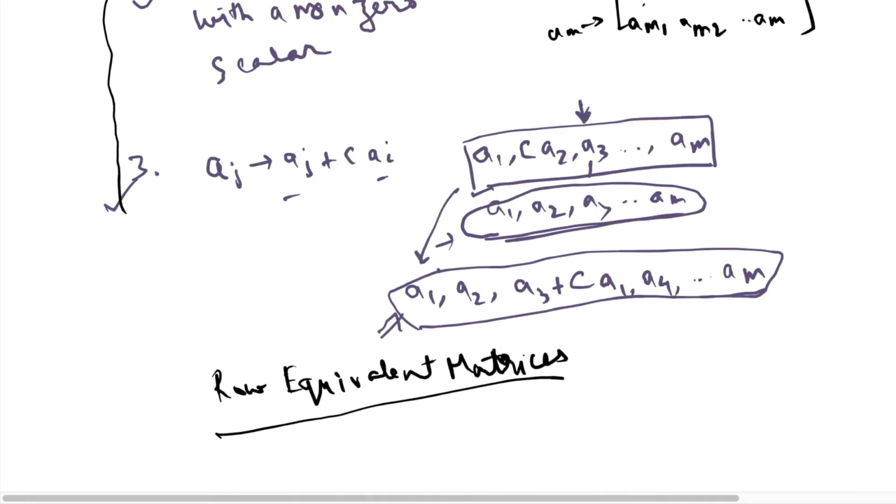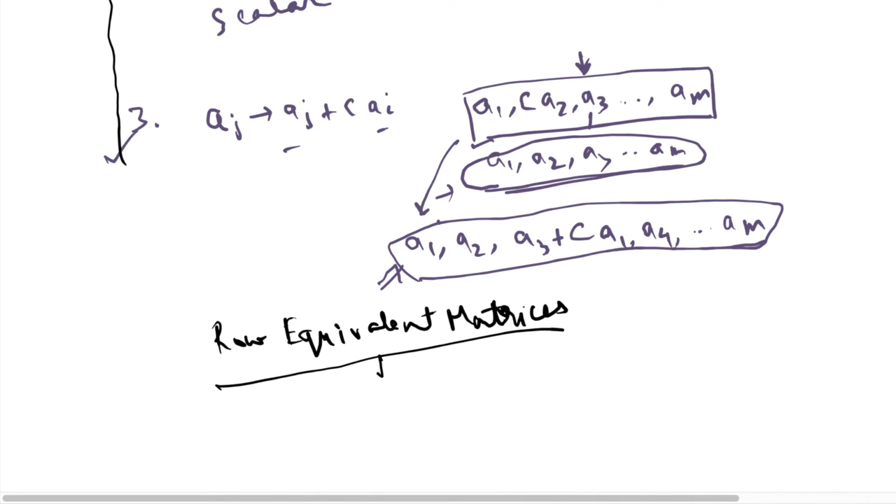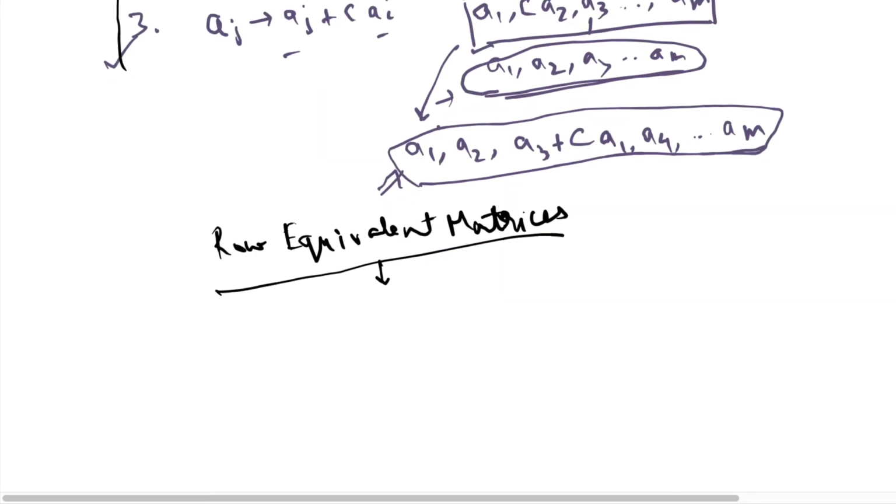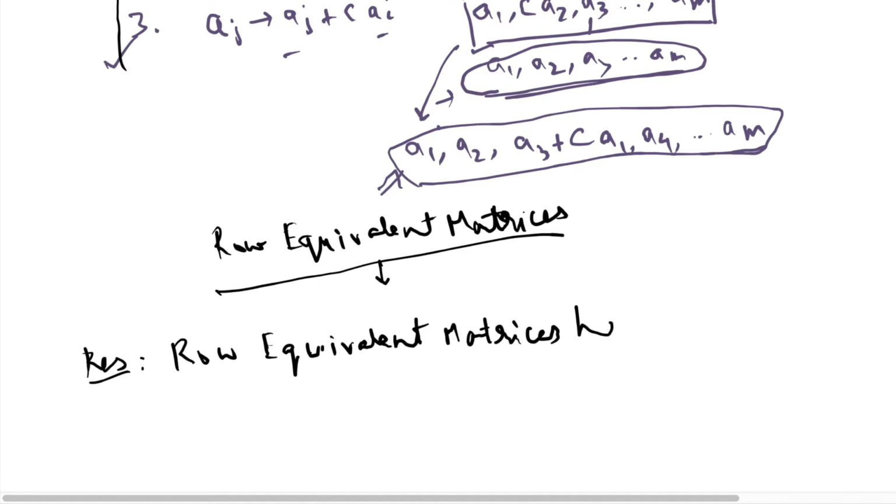Combining this result with what we know about elementary row operations, we can write down a really cool result. And the result is that row equivalent matrices have the same rank.